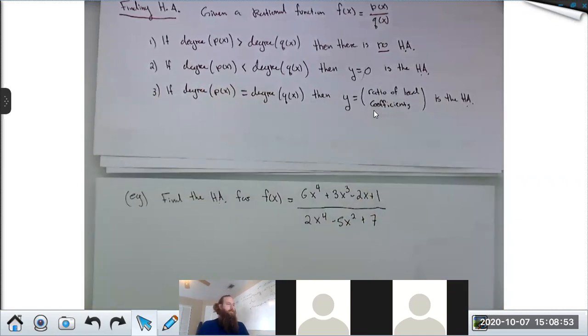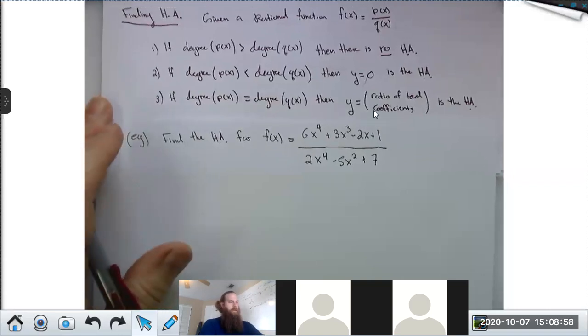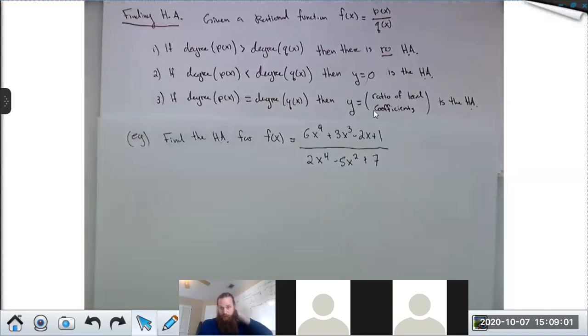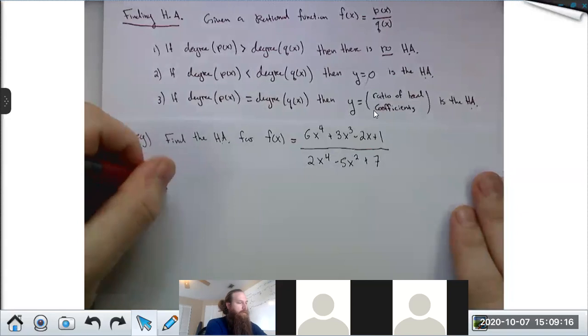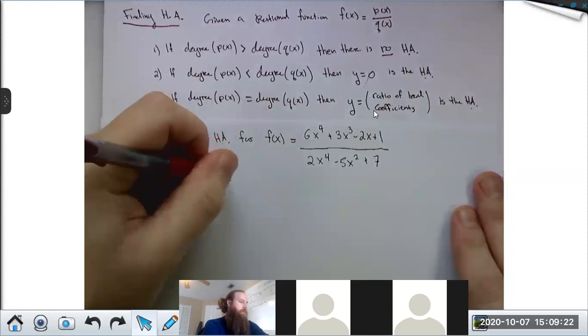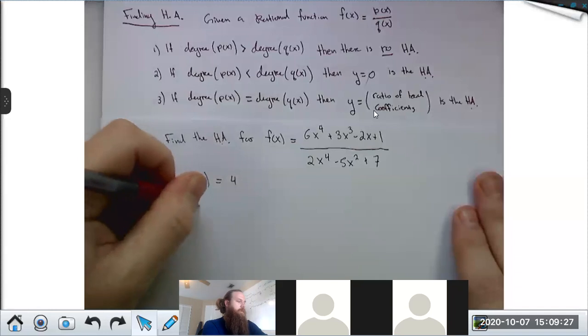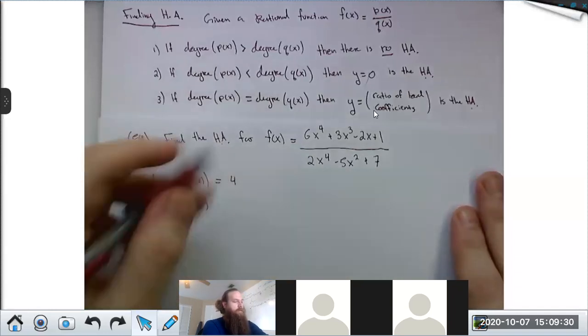So here I have a rational function. The numerator, the top, p of x, is 6x to the 4 plus 3x cubed minus 2x squared plus 1. And the denominator is 2x to the 4 minus 5x squared plus 7. So the degree of the top, p of x, is 4. And the degree of the bottom, q of x, the largest power of x, is also 4.